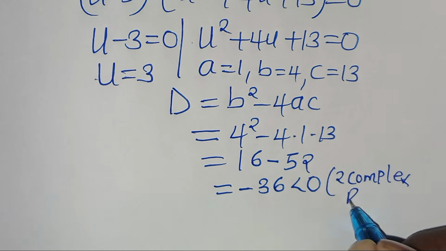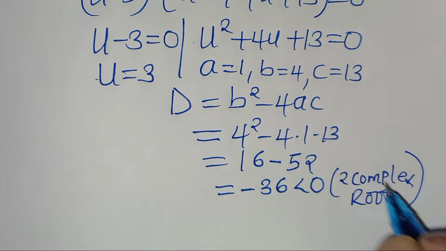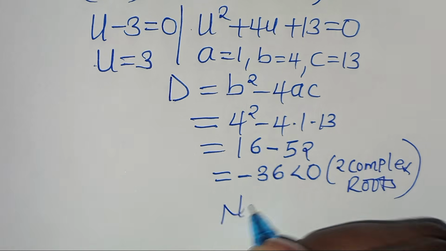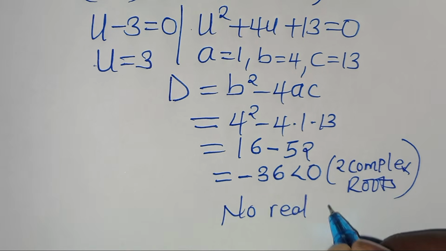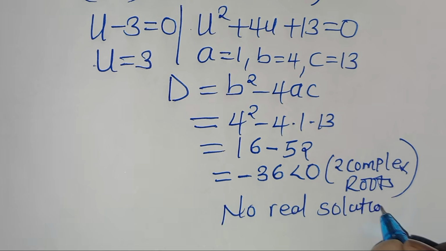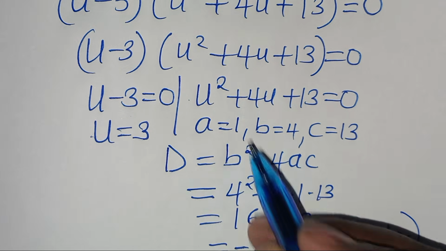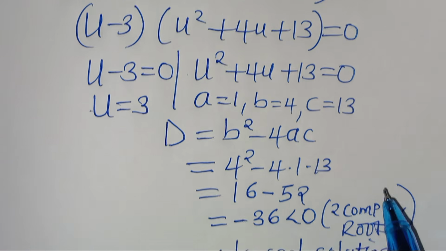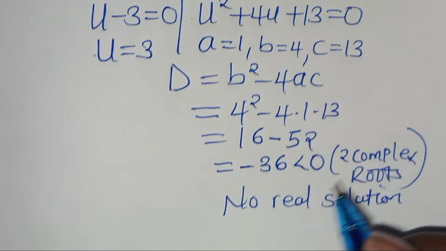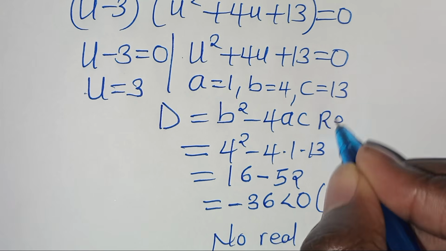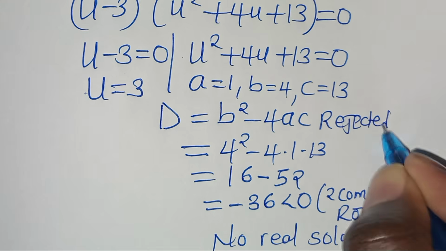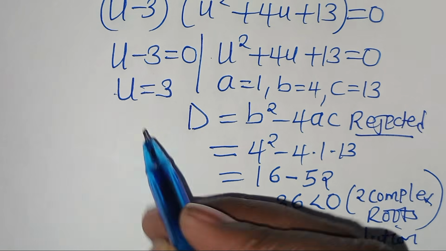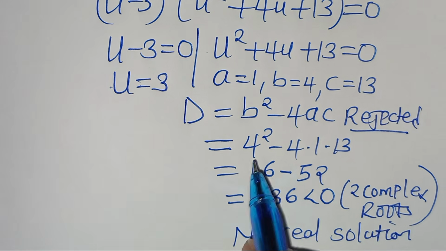We have 2 complex roots here. And this means there is no real solution. There is no real solution that can be obtained from this quadratic equation. So this quadratic equation is rejected. So let's focus on u, which is equal to 3.